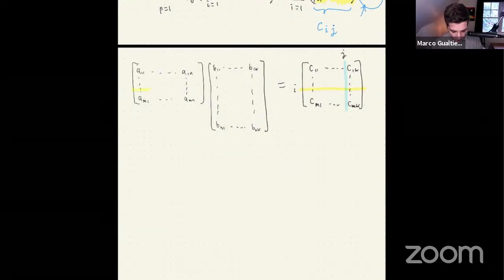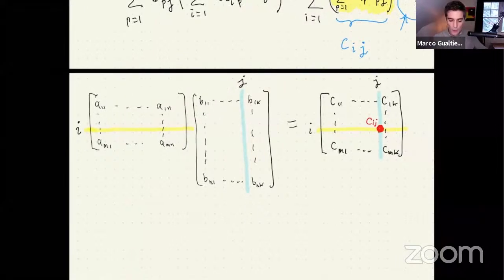I need to find the ith row here, and the jth column here, and this entry here is Cij.